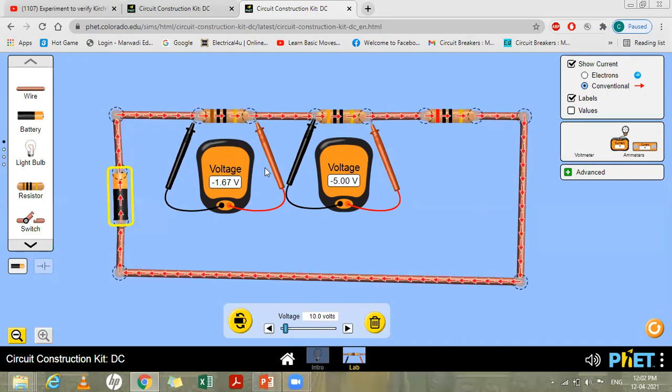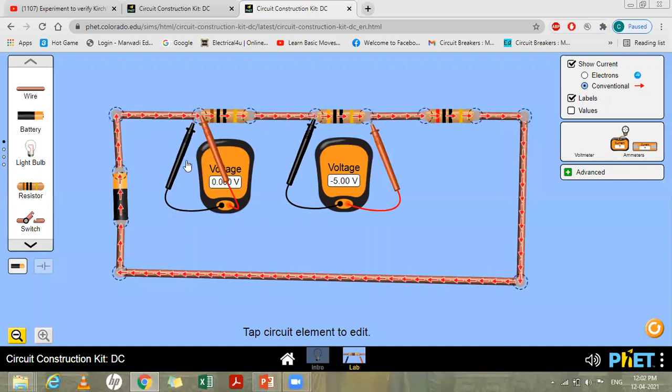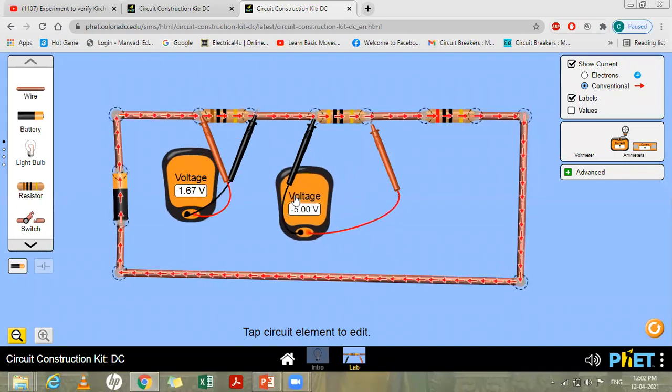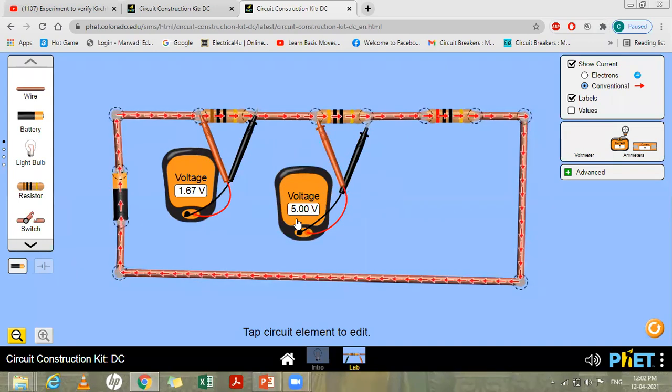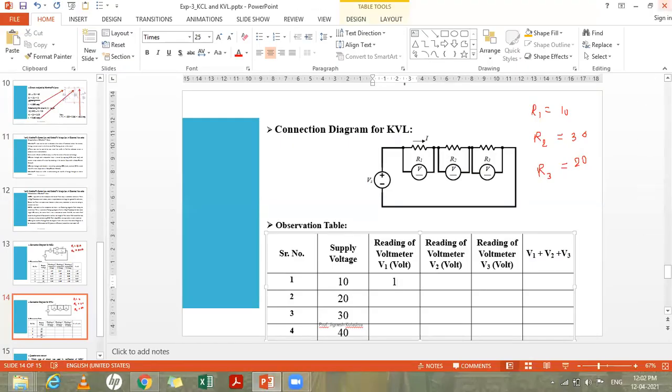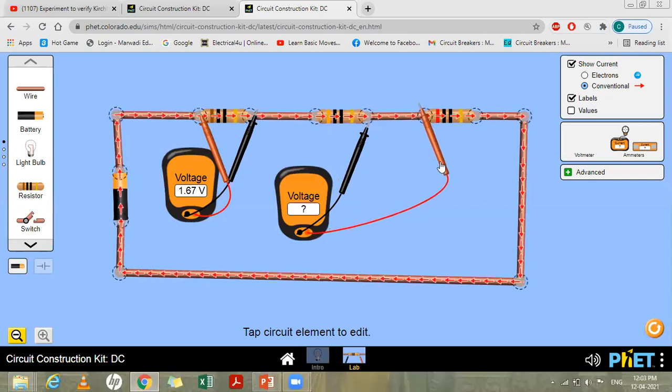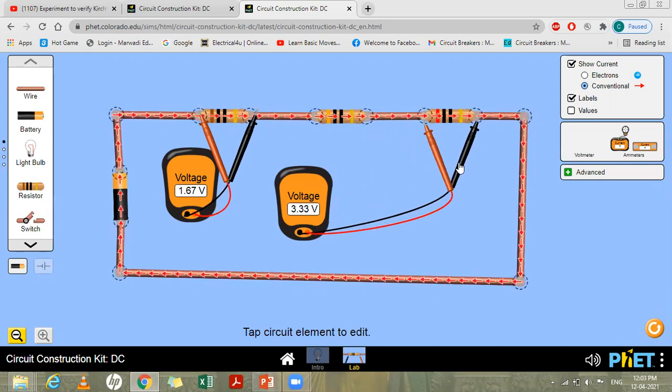We will just change the probe like this so that you will get the positive reading. So V1 is 1.67, V2 is 5, and V3 is 3.33.